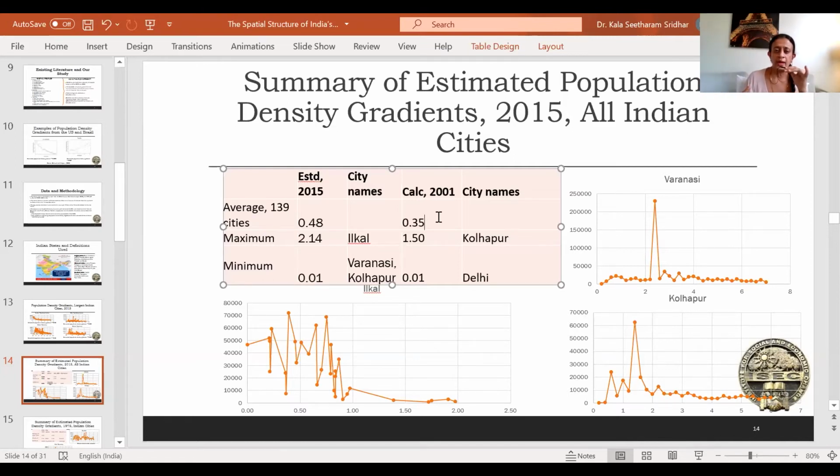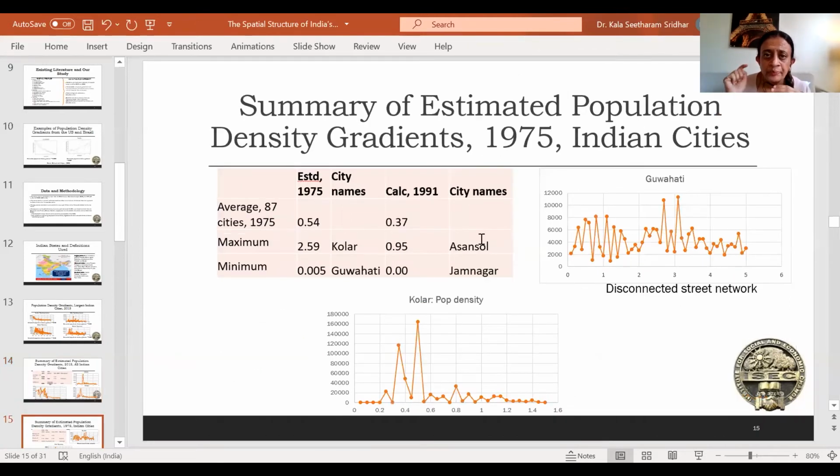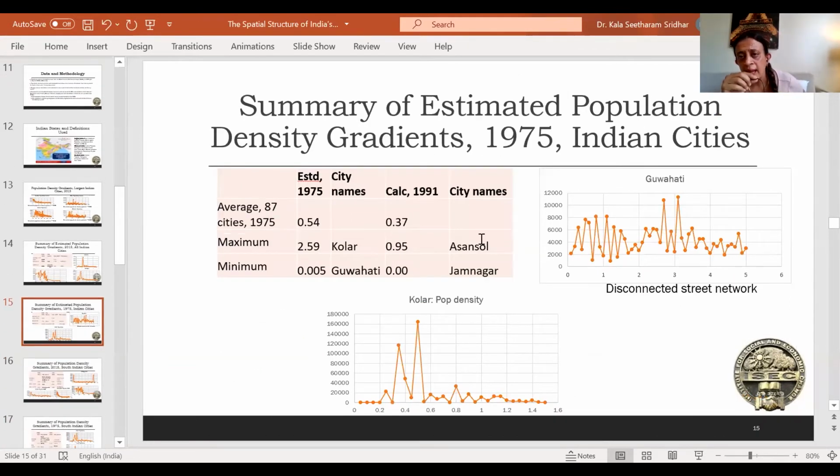So I have a lot more confidence in the estimated ones, but just to show you how they compare with the calculated ones.